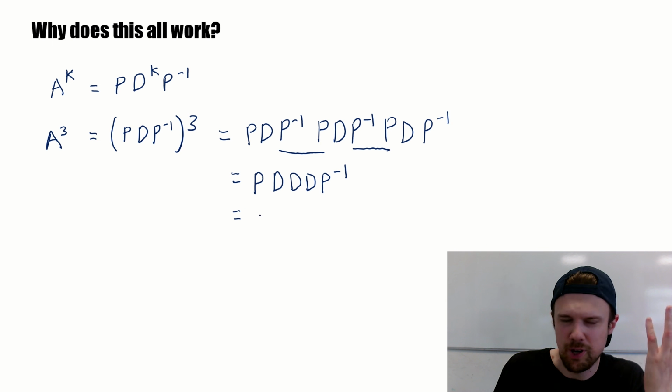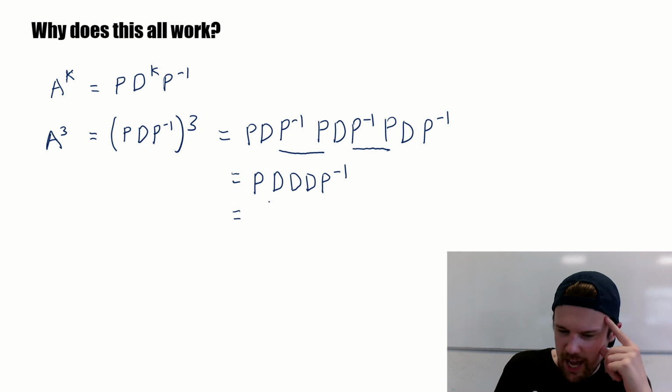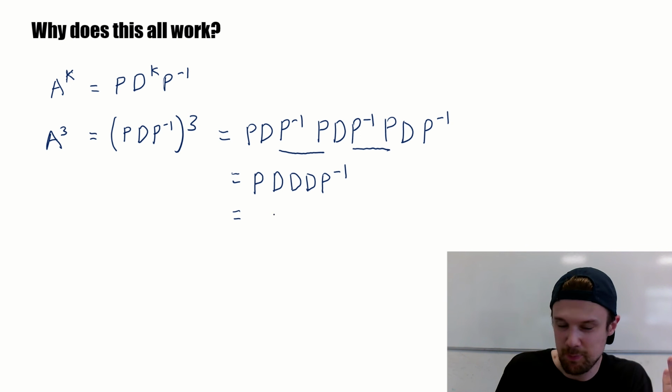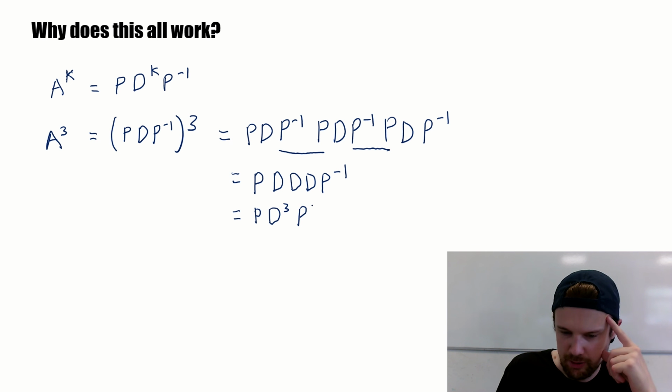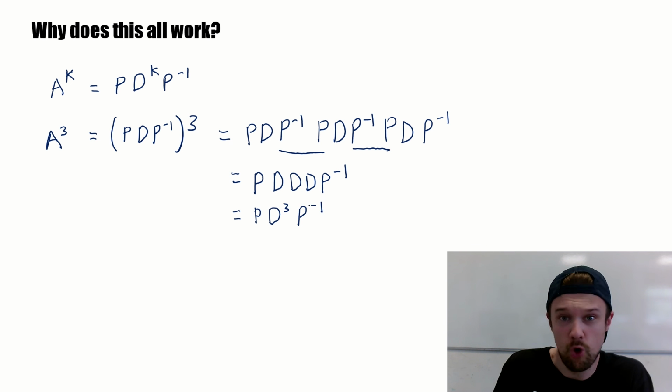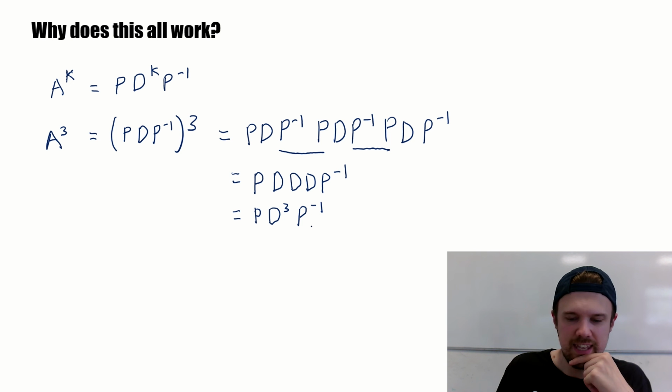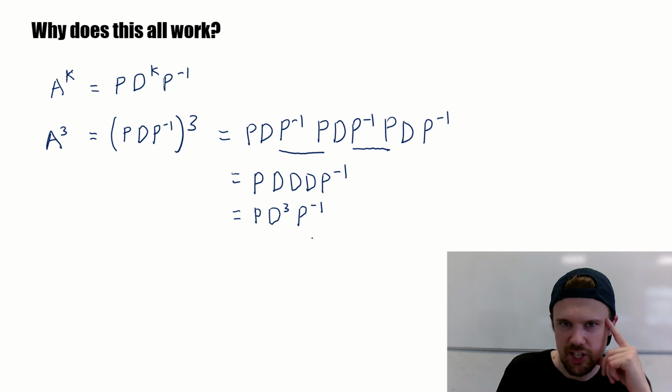Anyway, the crucial part is that we now have D times D times D, which would be allowed to be simplified to get D to the power 3. And that is why the power ends up only affecting the diagonal matrix D rather than all of the stuff, just because of the way everything lines up quite nicely.